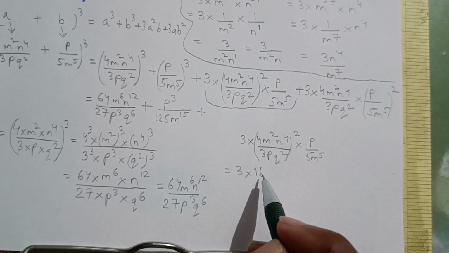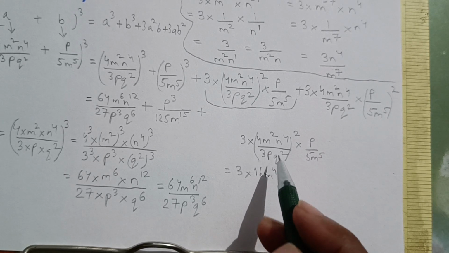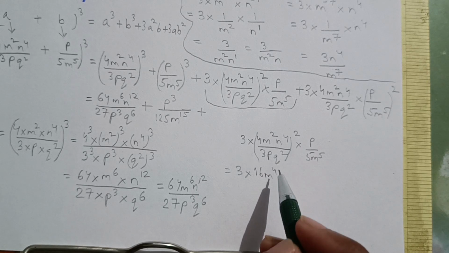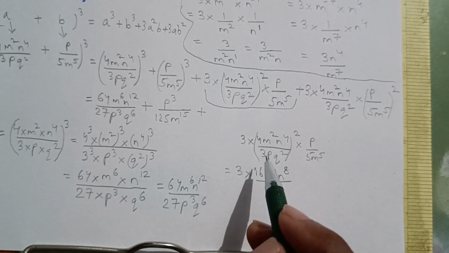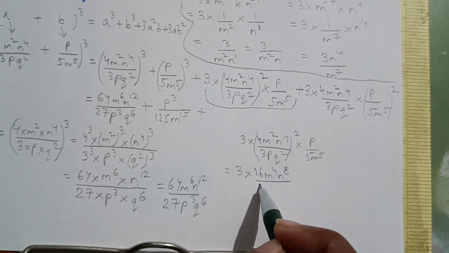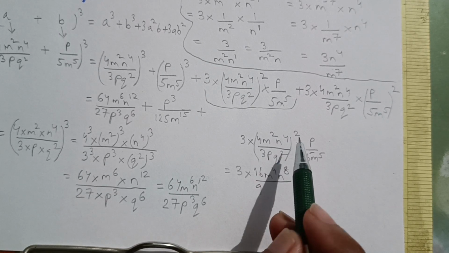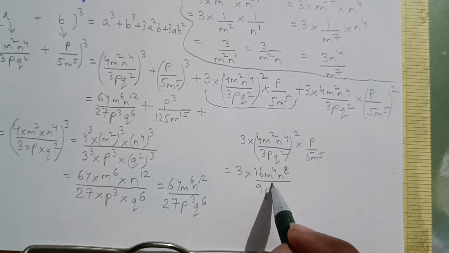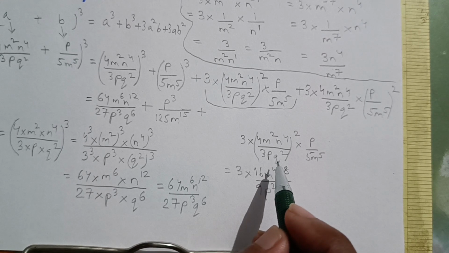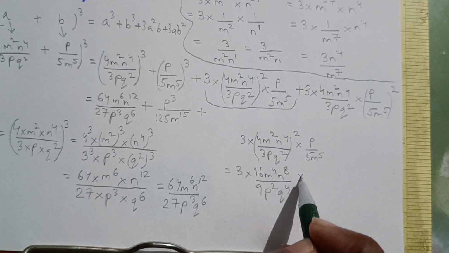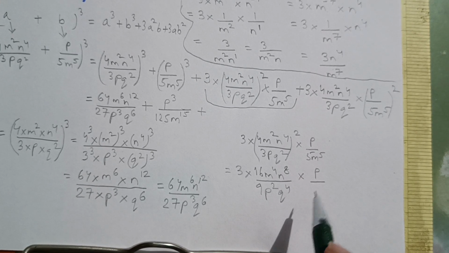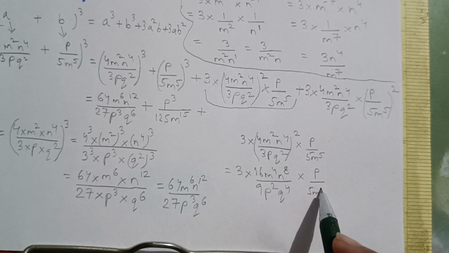M square whole square is m to the power 4. N to the power 4 whole square is n to the power 8 upon 3 square is 9. P square q square whole square is q to the power 4 into p upon 5 m to the power 5.